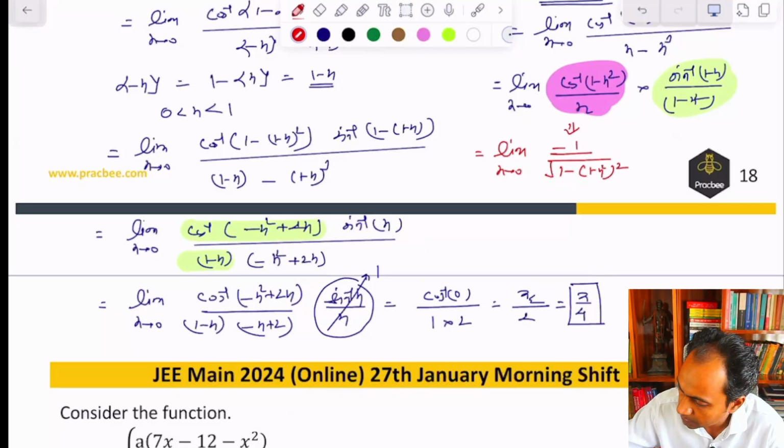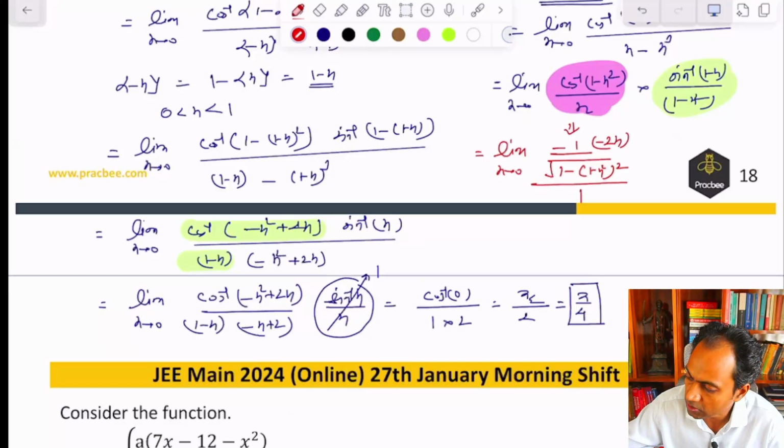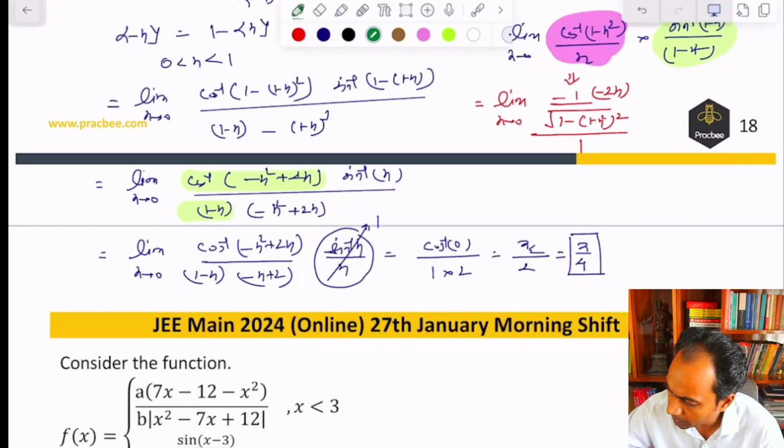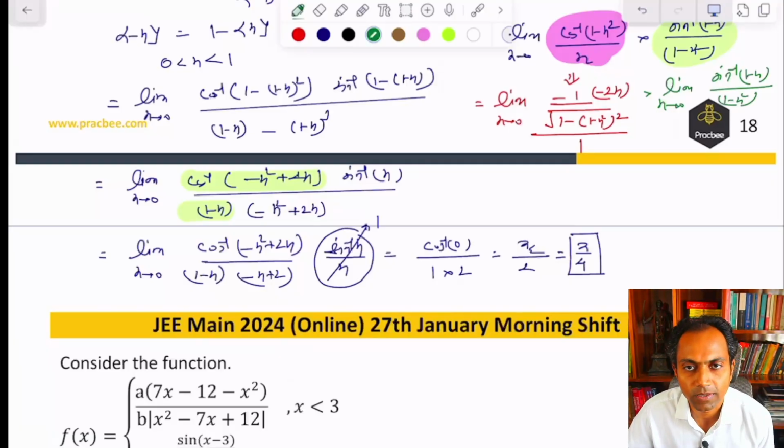Differentiation becomes minus 2h, and in the denominator the part that differentiates becomes 1. And since this is another limit, I can just copy paste the other limit down. I am only applying my operation in the first part because the second one is a determinate limit. There is no need of applying there.